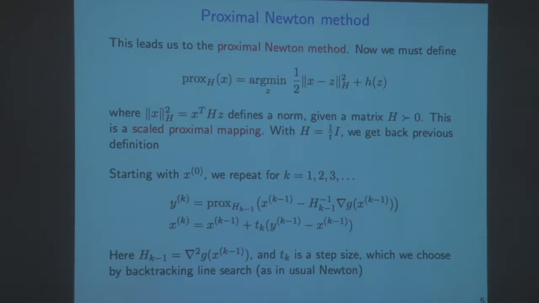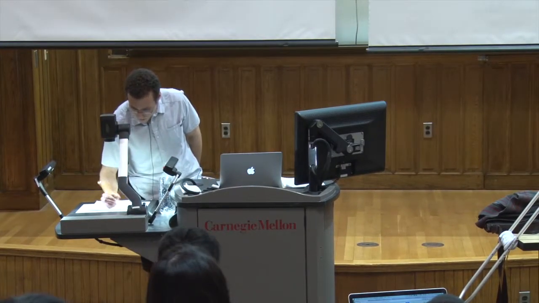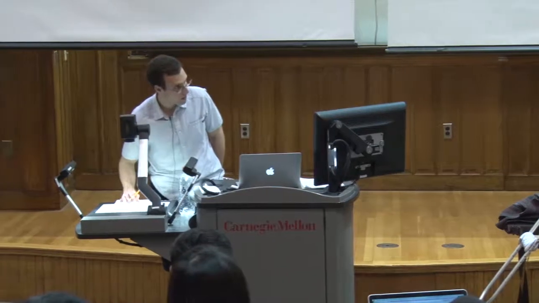Otherwise, it's like a Mahalanobis distance. Yes, that's correct. Sorry, it should be an x. So the squared H norm of x is x transpose Hx for a positive definite matrix H.